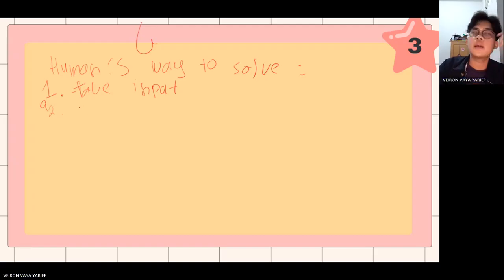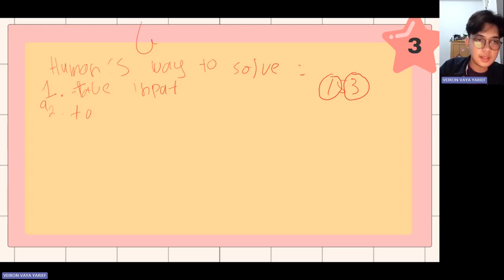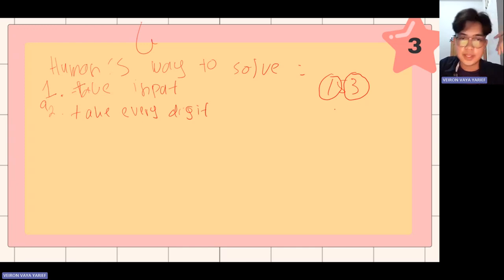If we have 153, we need to add the cube of every digit. So what do we need to do? Take every digit. We already learned this in our first exercise about data types, that you can take the digits by implementing division and modulus operations. So as a human, we may have an instinct that we will use div and mod.